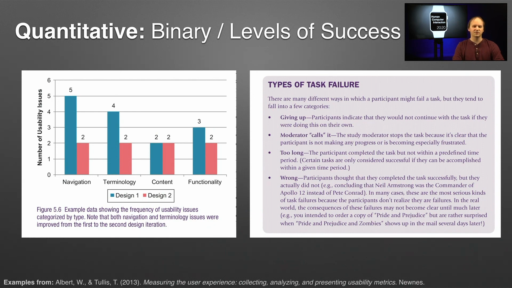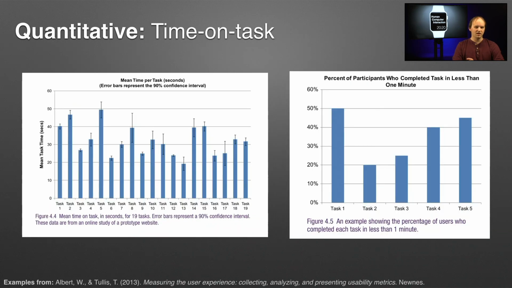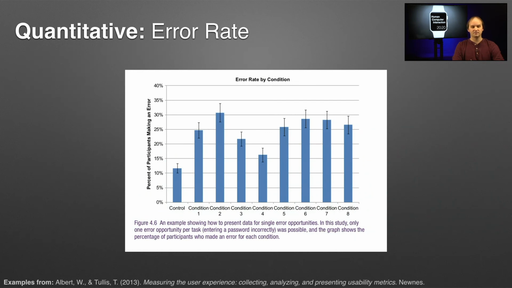And we'll talk about visualization and analysis in the next two lectures. This is one that's measuring the time on a task, another common thing that you might measure. Error rates, also common. How many mistakes does somebody make while they're using an interface?